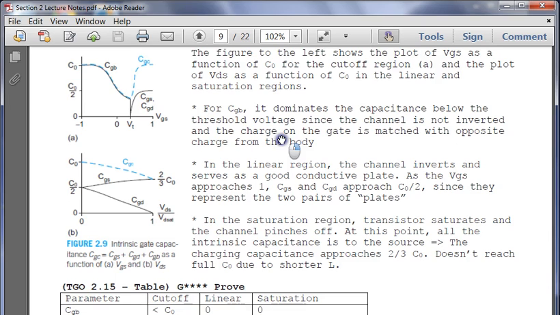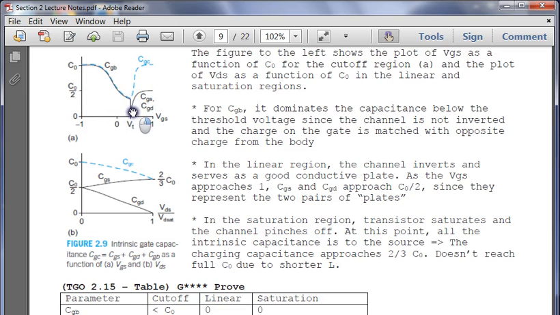For the second part, we create the inversion region, we reach the threshold voltage, and then the capacitance is dominated by the gate source and gate drain in linear mode. This is because the channel inverts and serves as a good conductive plate. As VGS increases, gate source capacitance and gate drain capacitance approach C0 over 2, as you can see in this chart.